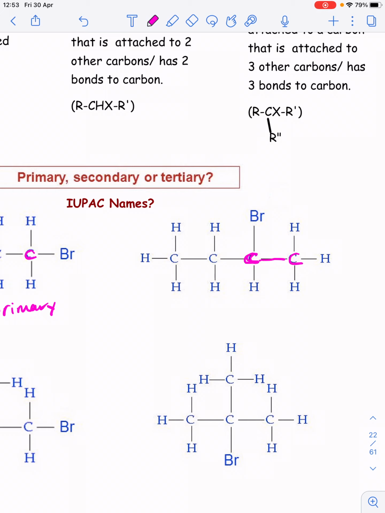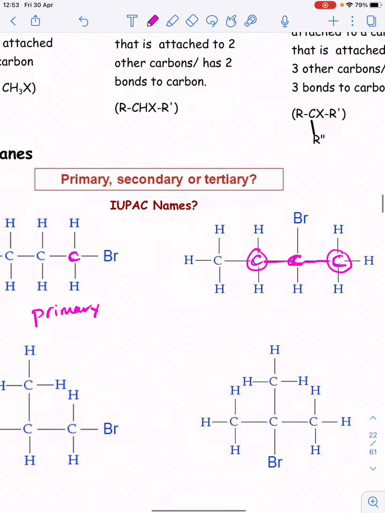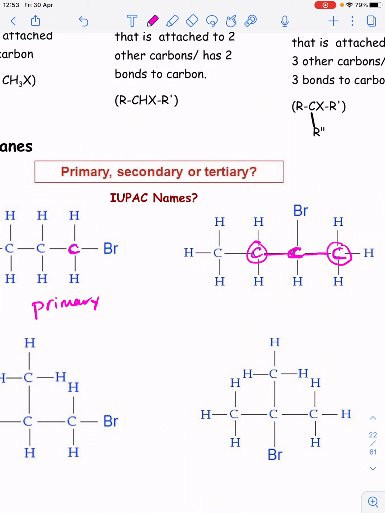It would be described as a secondary carbon atom because it's attached to two other carbons, so it's got two carbon-to-carbon bonds and only one carbon-to-hydrogen bond. So that changes its chemical behavior, and it changes what it might be able to be converted into in a chemical reaction.